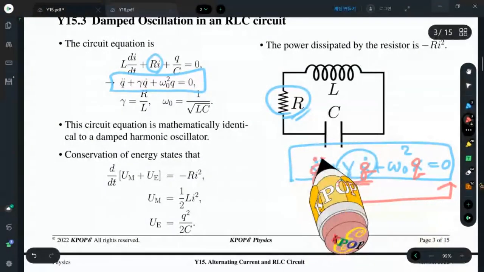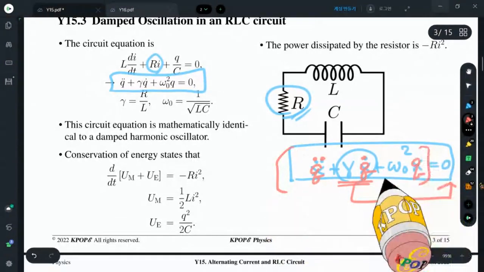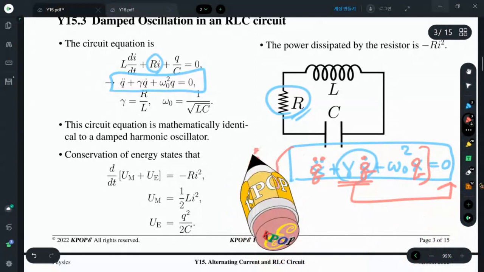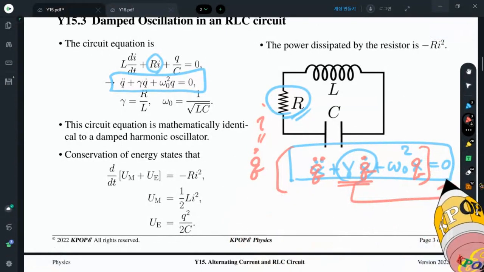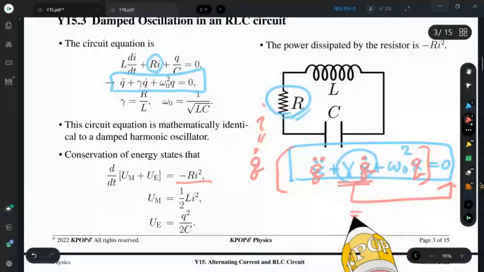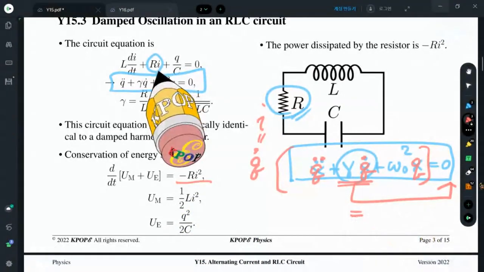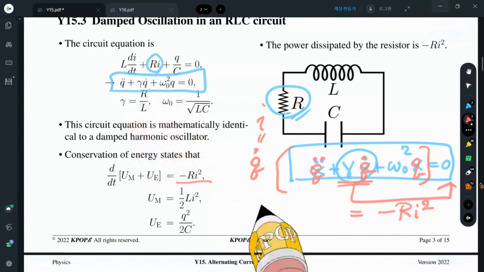Then still the left-hand side, after multiplying by Q dot, that is current I, what we have on the right side is, it used to be R I, multiplied by I.